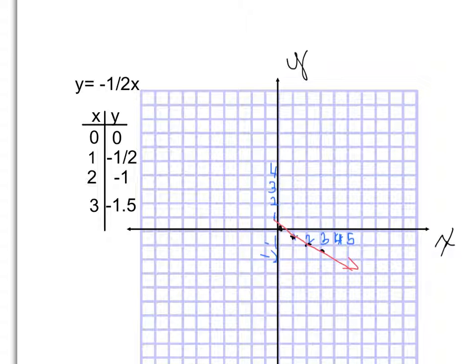I notice that as my x is getting larger, x is saying 0, 1, 2, 3, my y is actually getting smaller. My y is going further into the negatives. It starts at 0, then gets smaller to negative 1/2, then negative 1, then negative 1.5. So this is actually an inverse proportion, as we're being told. So x is getting bigger, y is getting smaller. So this is an inverse proportion.